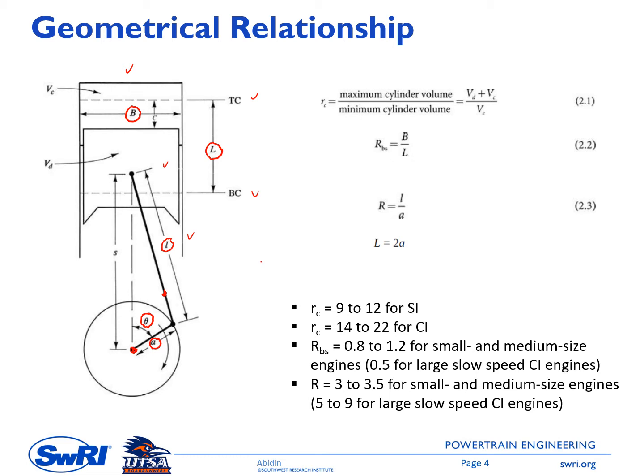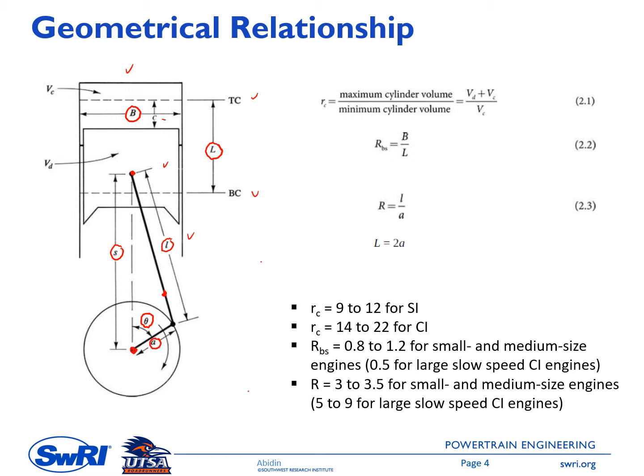It is S. S here is the distance between the piston pin axis here and the crank axis. And then we have c, small c. This is the distance between the TDC and the piston top surface. So this will be an instantaneous parameter as a function of crank angle. So S and c here will change with the crank angle theta.